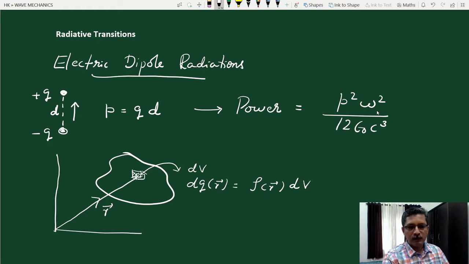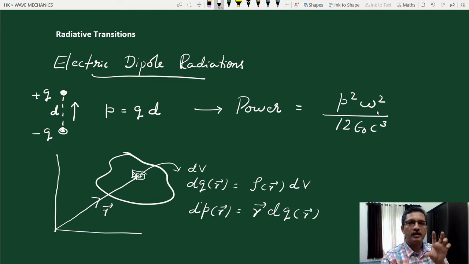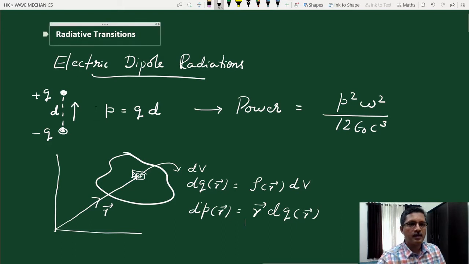Now the dipole moment, let us say dP, of this small section is defined as the charge dq of this small section into the position vector r. So the dipole moment of an infinitesimal charge we can write as charge into the vector r from the origin.